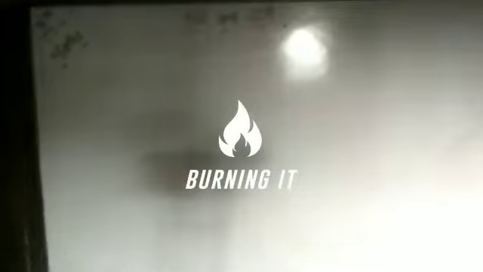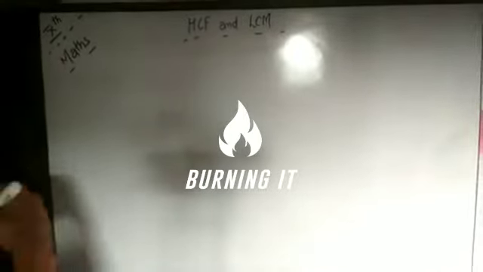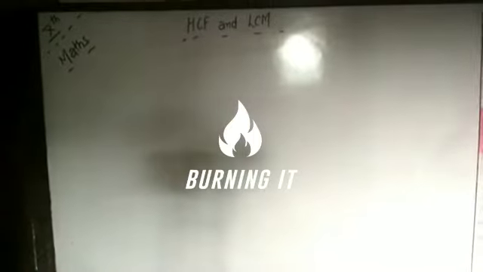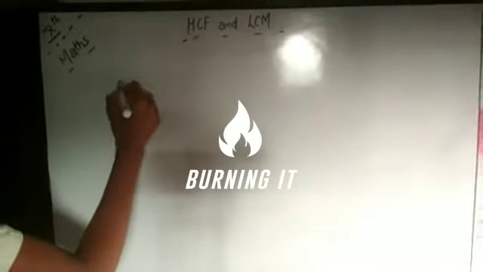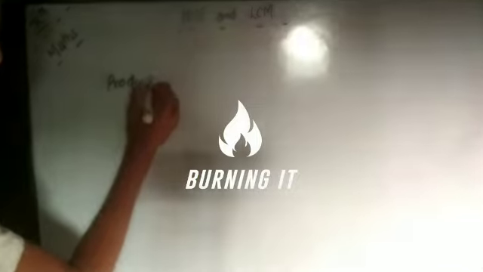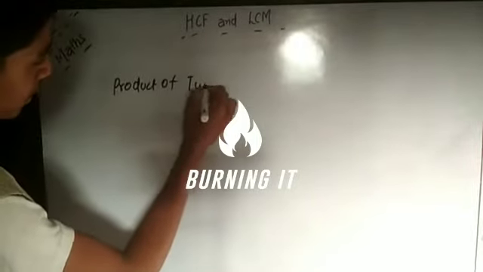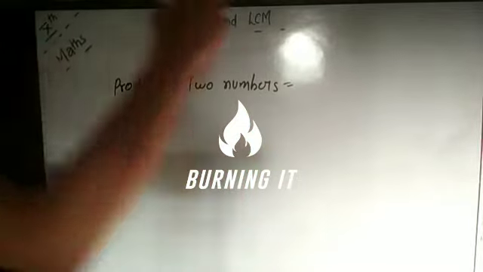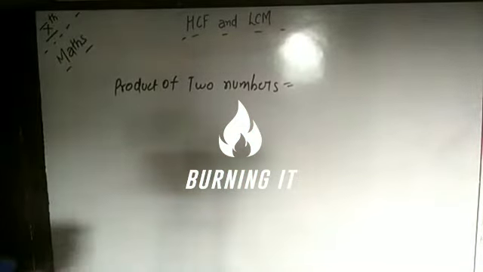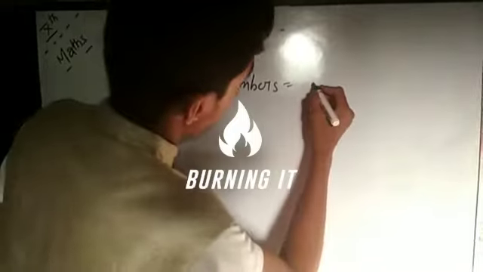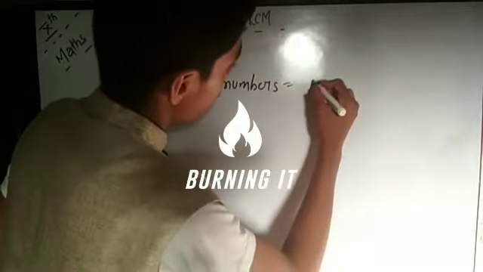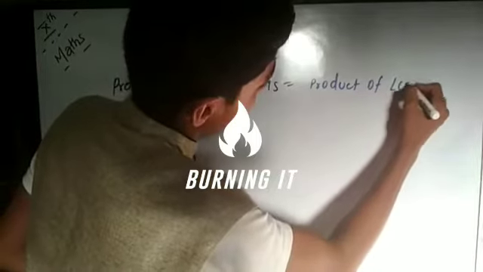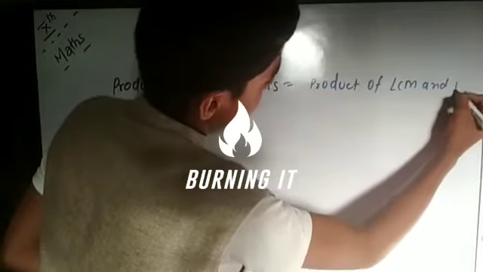Now look here, as we already solved the previous question, one major formula comes here: when there are two numbers, the product of two numbers is equal to, what, the product of their LCM and HCF.